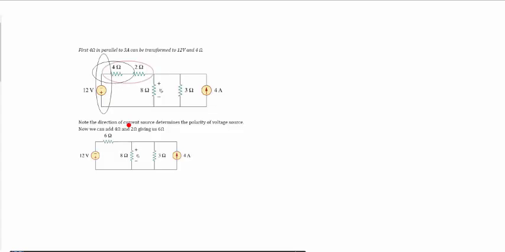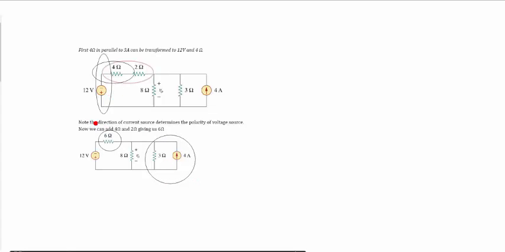Once you have that, the 4 ohm resistor and the 2 ohm resistor are in series, so you can add them directly, which gives you 6 ohms. Now you can see that this side is already in parallel.